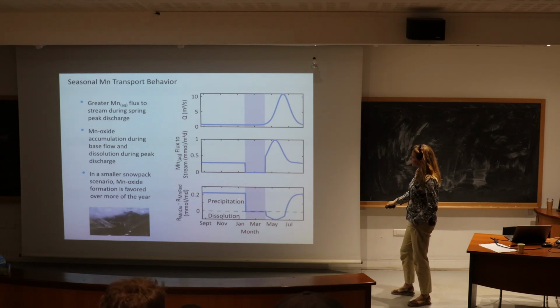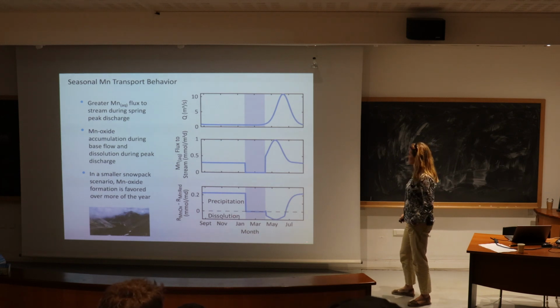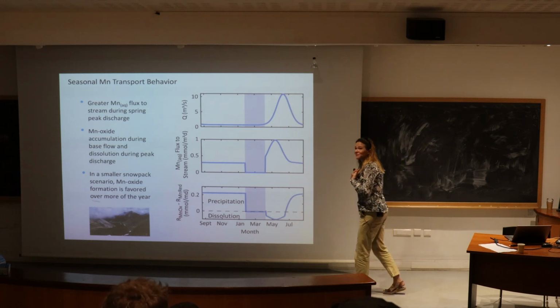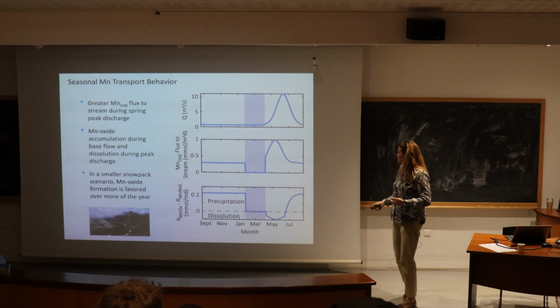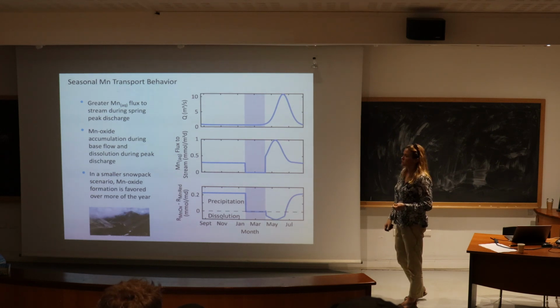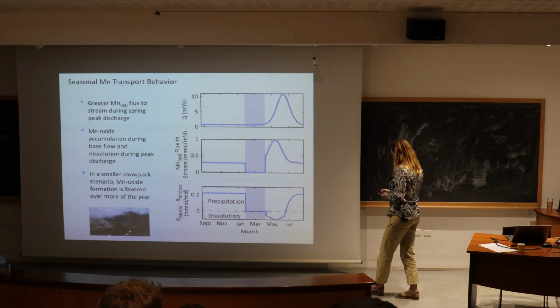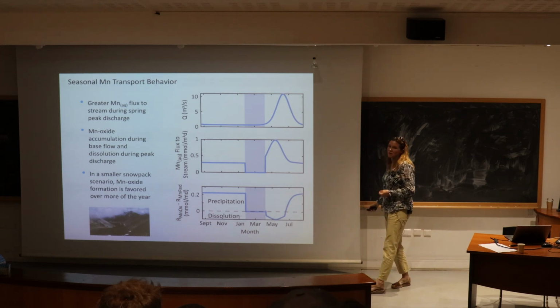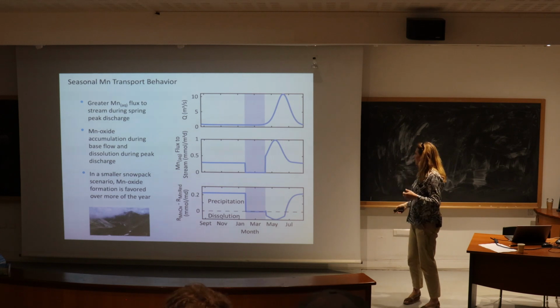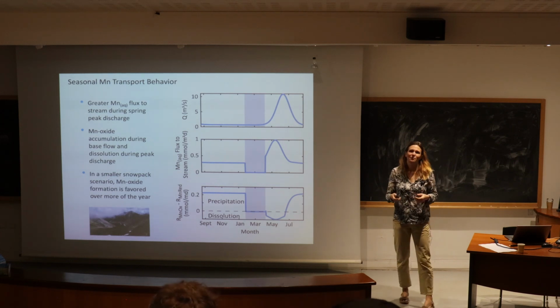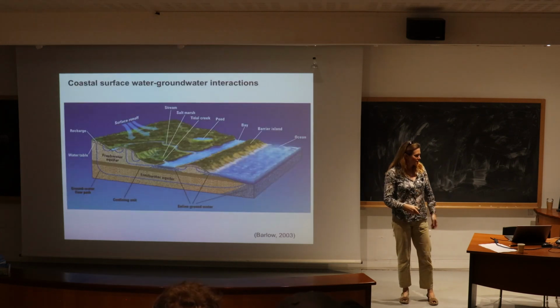And we can also look at the balance between precipitation versus dissolution of manganese oxides and see that actually at the hydrograph peak, I would have predicted maybe more oxygen, more manganese oxide formation, but it turns out that the dissolved organic carbon is a really big part of the story too, and that you get reduction of manganese oxides during this period where the stream flow is ripping downstream, and then a return to the formation of manganese oxides.